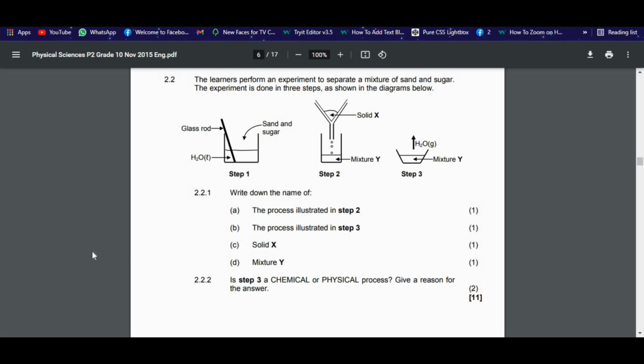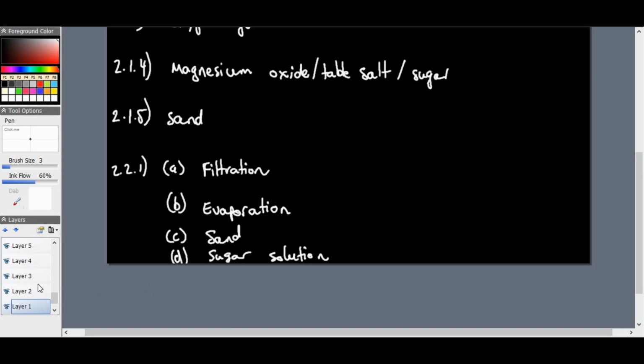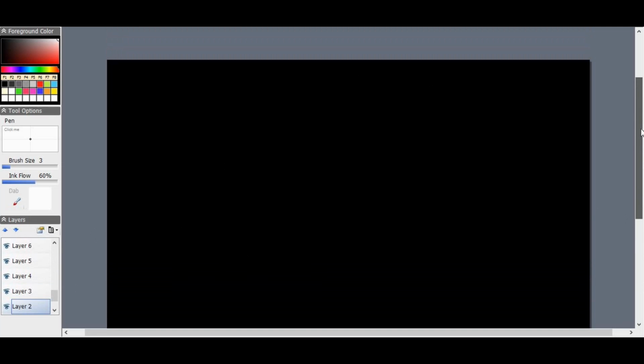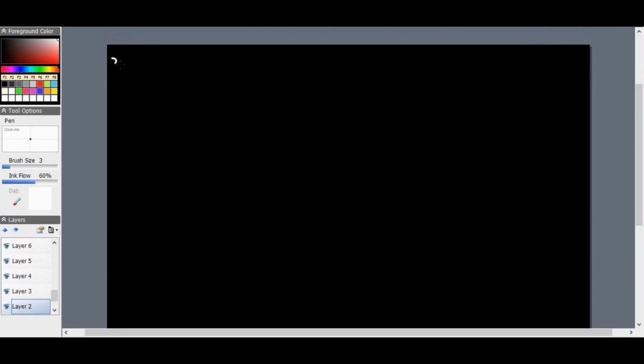2.2.2 says, is step 3 a chemical or physical process? Give a reason for the answer. This is definitely a physical process, and let's explain why.